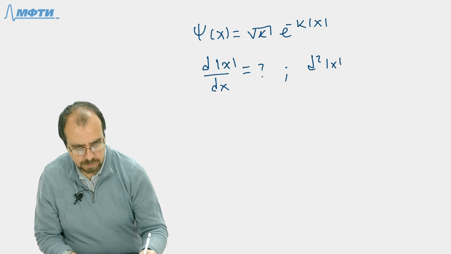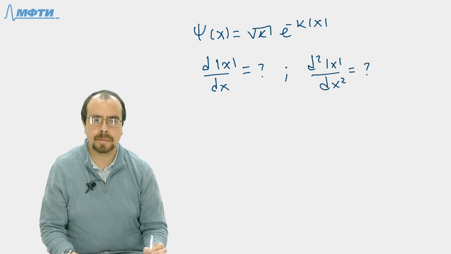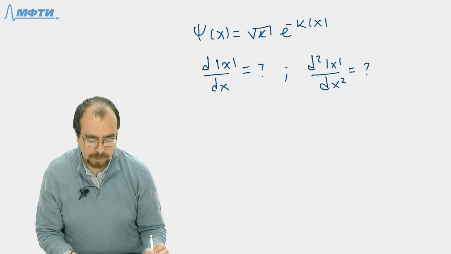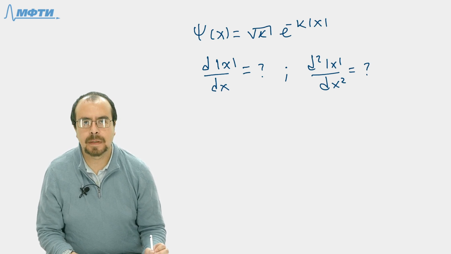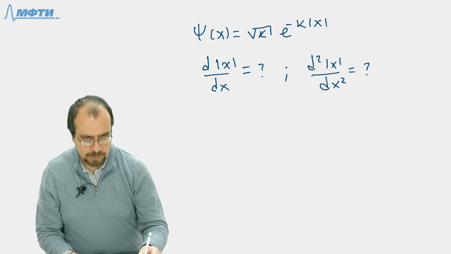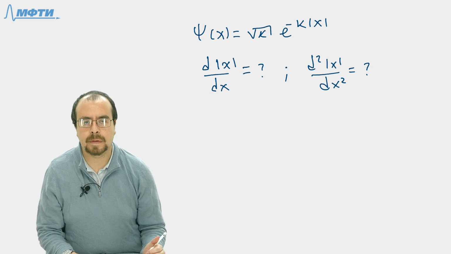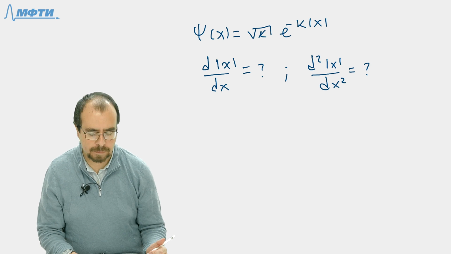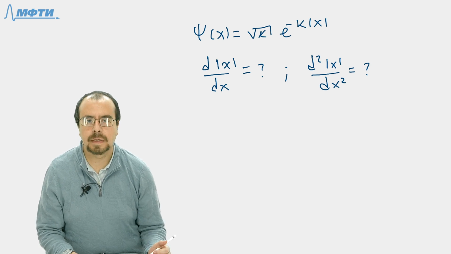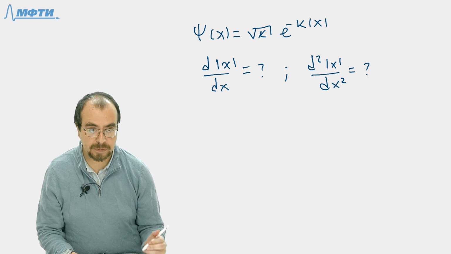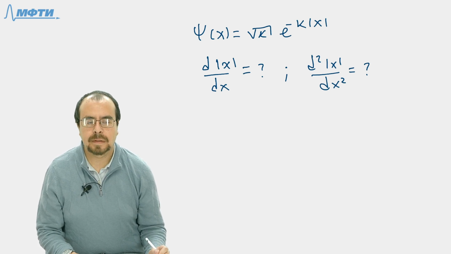The first and the second derivative. So be very careful, because what we started to do needs to deal with the second derivative of the absolute value of the position. So it's not zero, this derivative, and also can lead to many troubles.